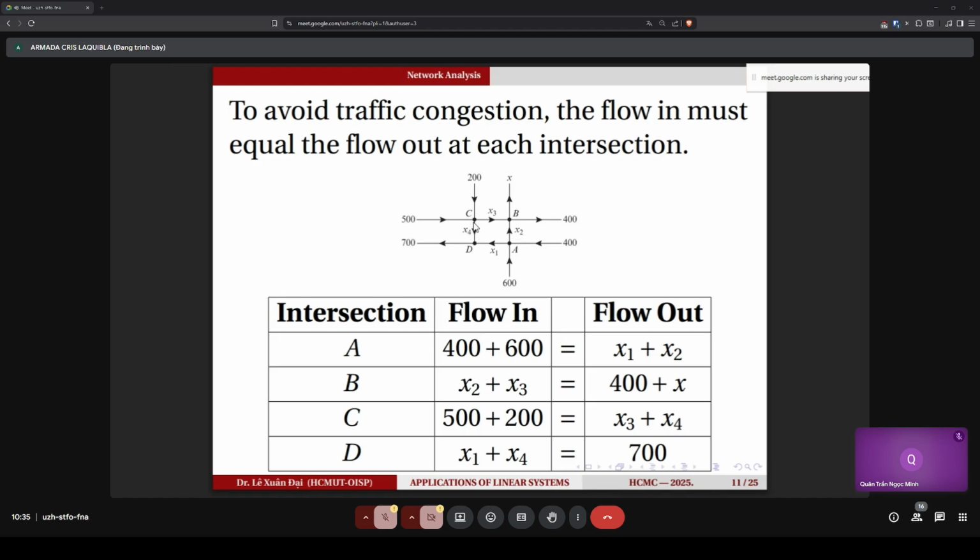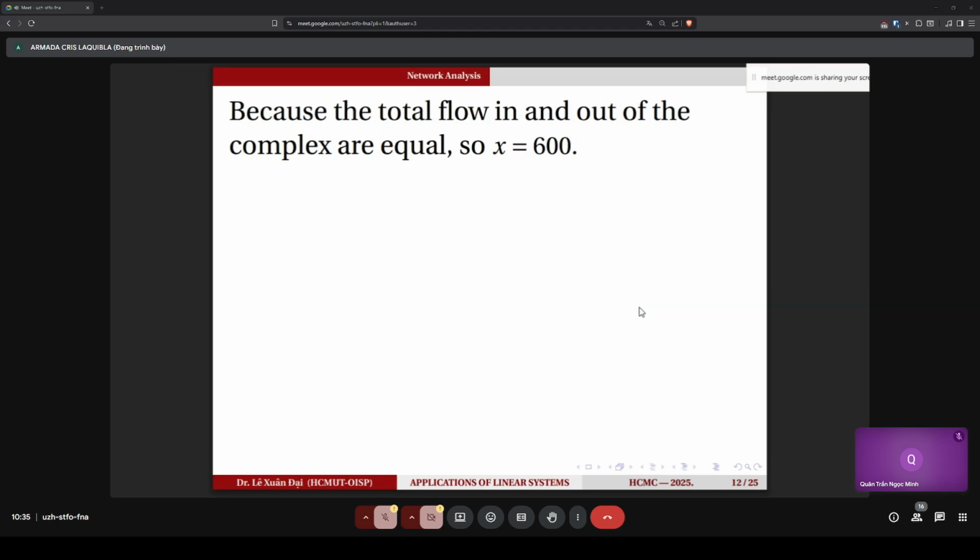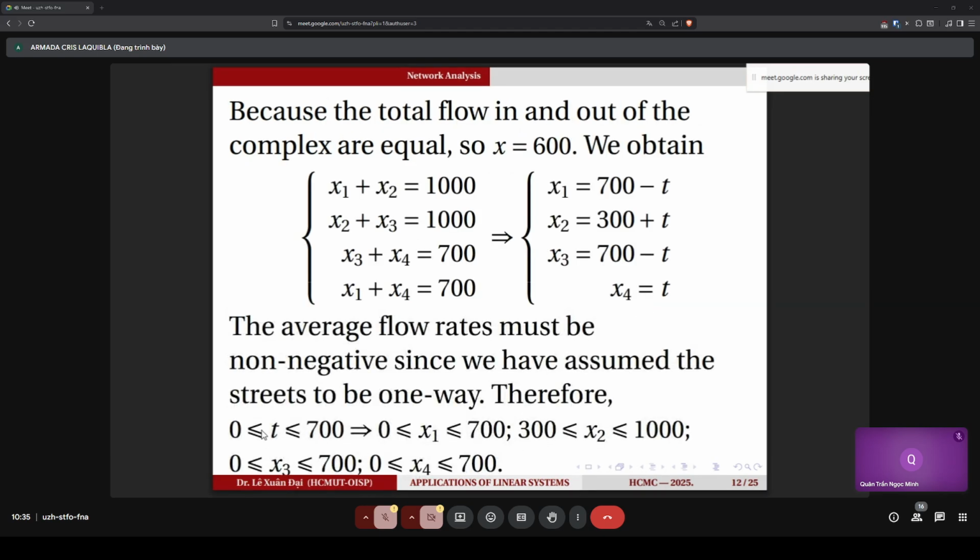So for flow out, class, the maximum number for x2 that will go here is 700. That is why your t is between 0 and 700. Okay? Now for your x1, just substitute the t there. When t is 0, it's 700. When t is 700, it's 0. So your boundary for your x1 is 0 to 700.